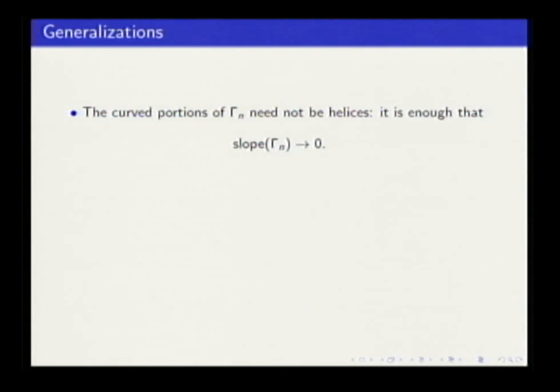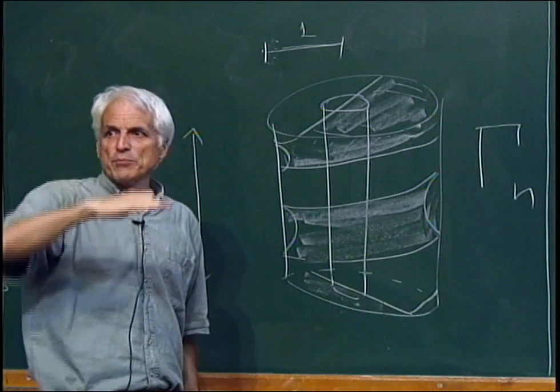And this generalizes in various ways. One is, for this theorem, it's not important that these curves actually be helical. All that you need is that the slopes go to 0. The slope means the sup of the slope, so that as n goes to infinity, these curves should be getting more and more horizontal.